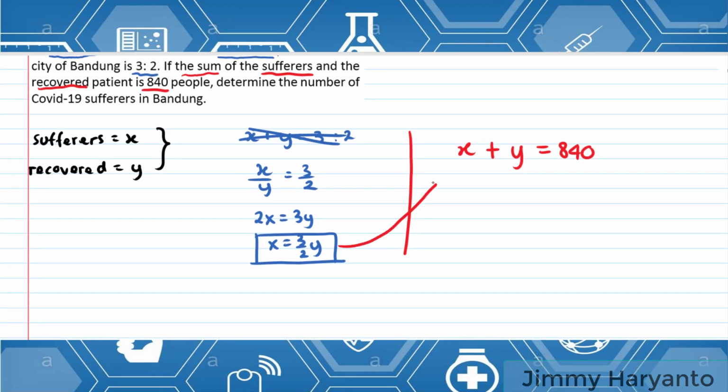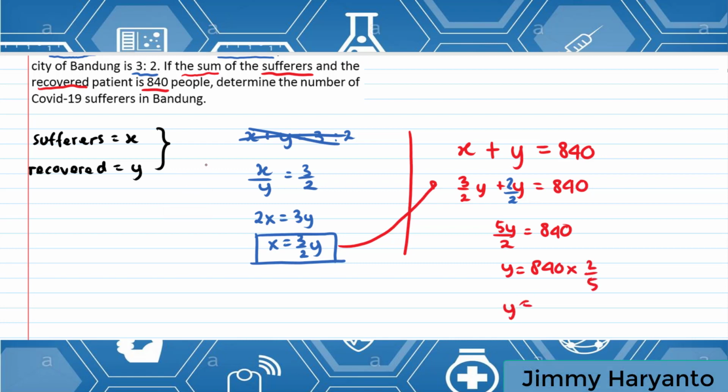And then you can substitute this x into the expression. It will become 3 over 2 y plus y equals 840, and then add them, making the denominators equal. So this one will be 2 over 2, and then add them together. 5y over 2 equals 840, and then move the 5 over 2 by multiplying with 2 over 5.